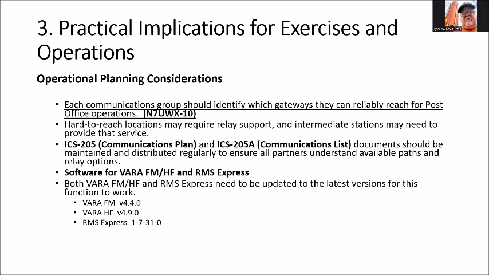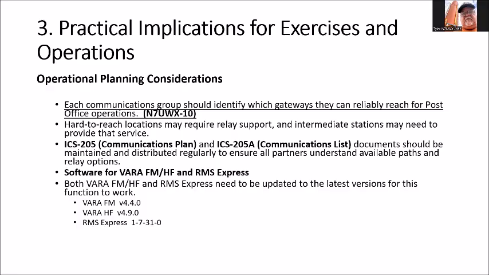Operation planning considerations. Each communications group should identify which gateways they can reliably reach for post office operations. I think mostly around here, I think we should designate N7UWX-10 because it's in a location where I think almost everybody can hit it from the valley.